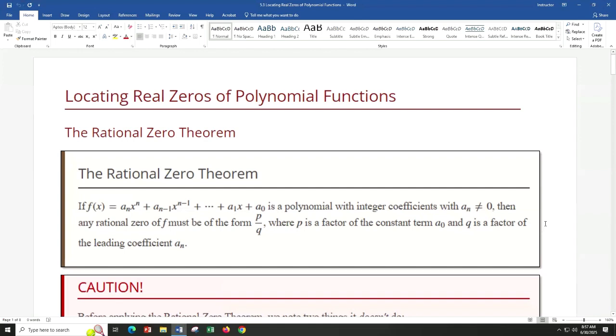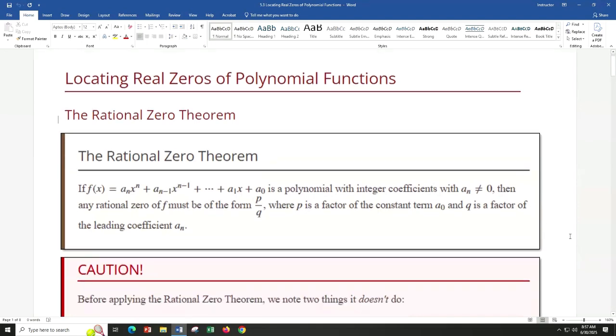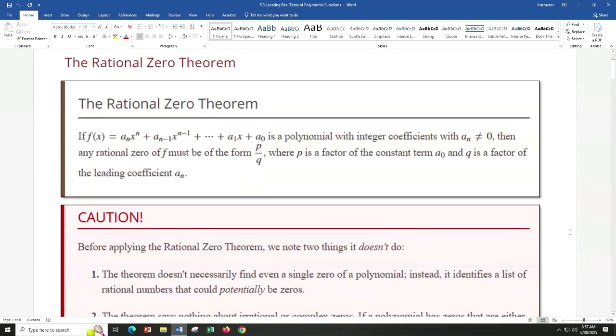Don't worry too much about the definitions here. Let me read them to you. I'll explain them briefly, and then we're going to just jump into the math. The rational zero theorem states if f of x is some polynomial, remember when I showed you how you could just plug it in, you can make an x squared out of that, whatever, is a polynomial with integer coefficients, and a can't be 0.